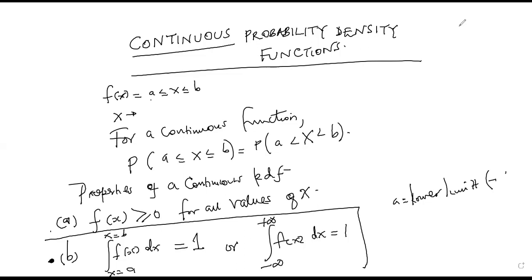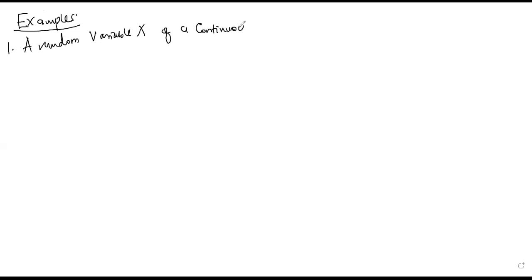So, examples. Number one. A random variable x of a continuous probability density function is given by f of x.